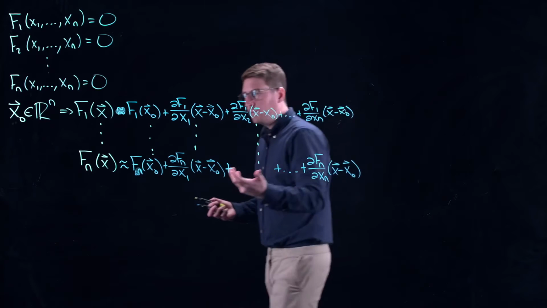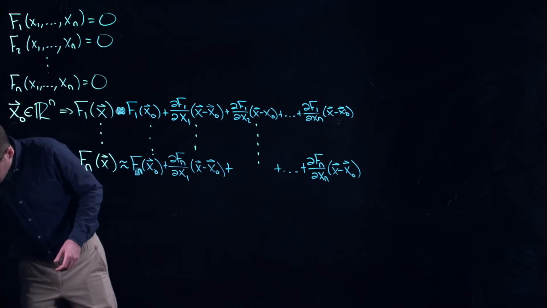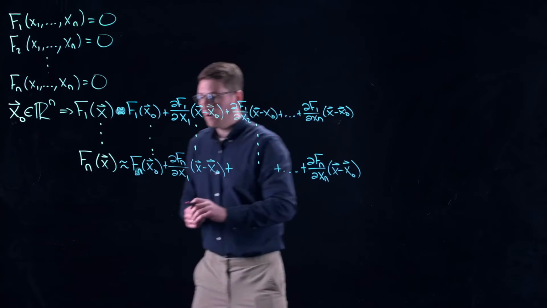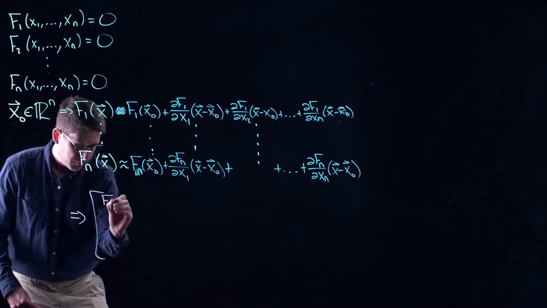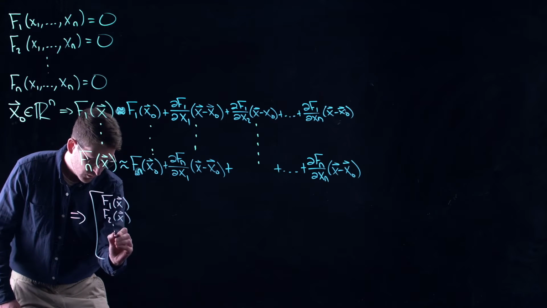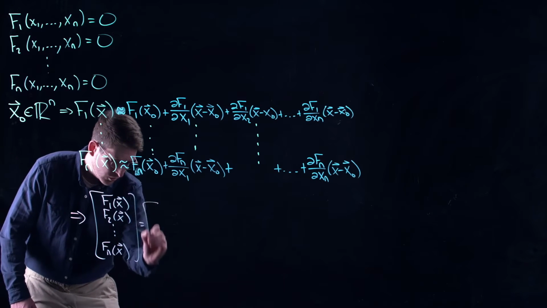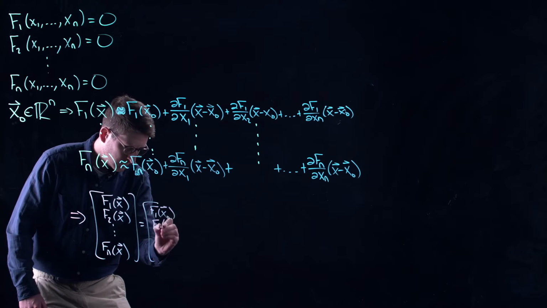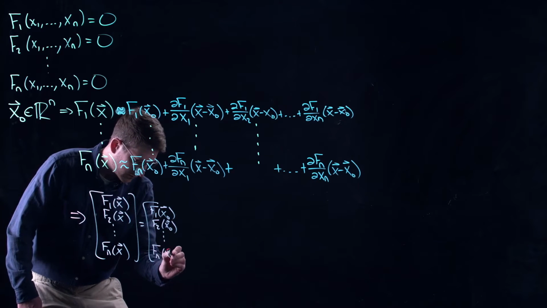Okay, so what I can try and do is absorb all of this into one huge matrix. Again, this is a linear equation. And so what this really tells me is that I have f1 of x, f2 of x, all the way down to fn of x is equal to, okay, so now this is at the initial guess, all the way down to fn of x naught.